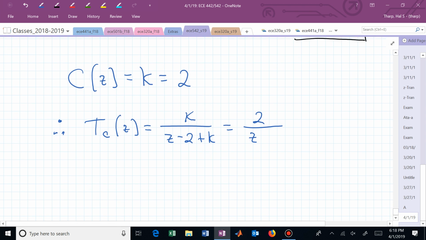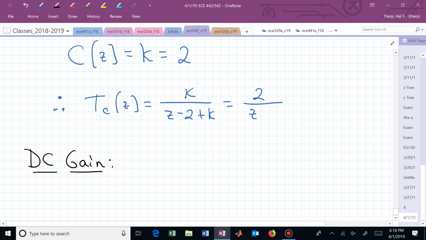What's the DC gain now? That's not too hard. 2 over 1. Now our DC gain is 2.